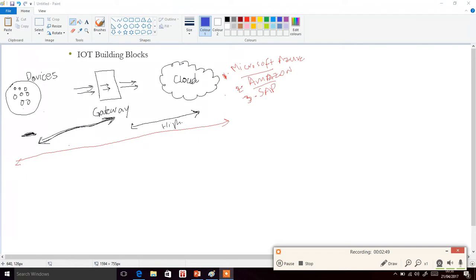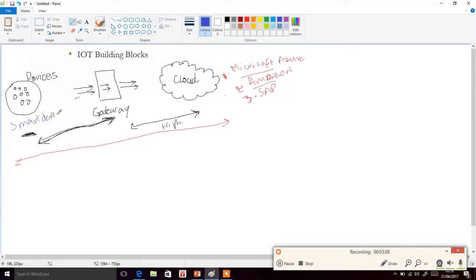So before we talk about the cloud in detail and also about our gateways, let us talk about the devices. What are these devices? These devices are actually our smart devices. What do we mean by a smart device?